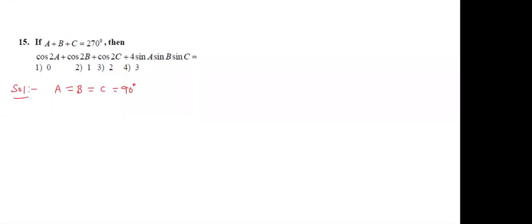Now substitute those values in the question. Cos 2A, 2 into 90, 180, plus cos 180 plus cos 180, plus 4 into sine A, which means sine 90, sine 90, sine 90.